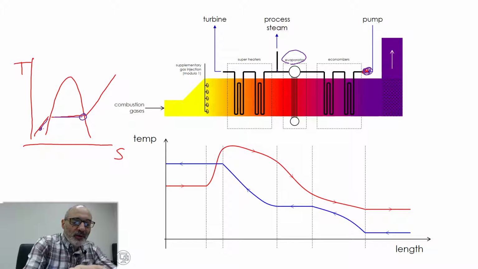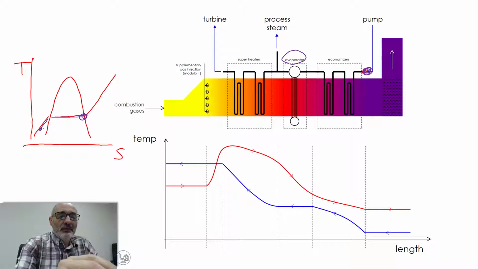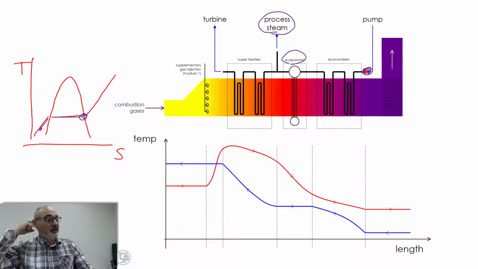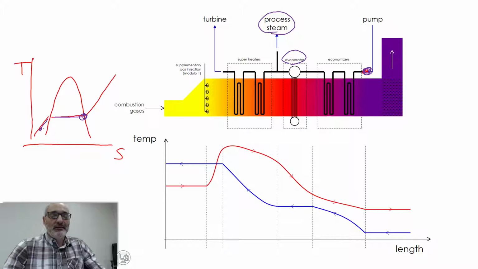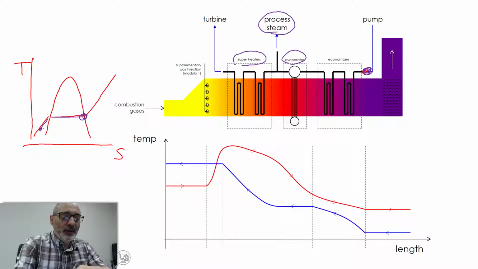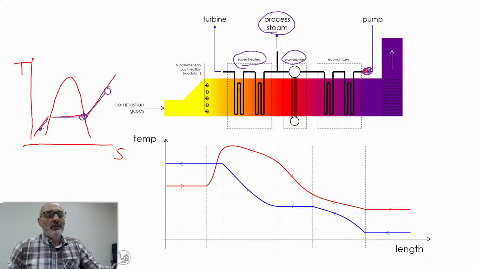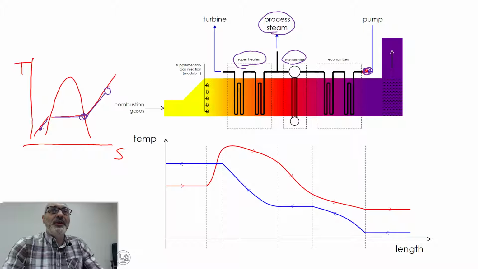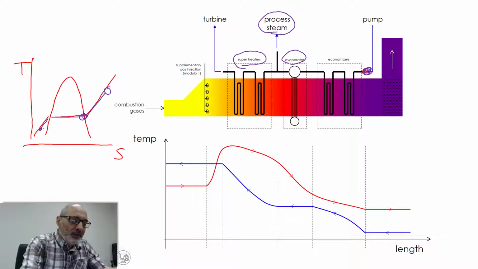So this point is saturated steam. If you need steam for your processes, you can obtain it from here or not. And in the superheaters, you heat the saturated steam to superheated steam. So this point here is the exit.